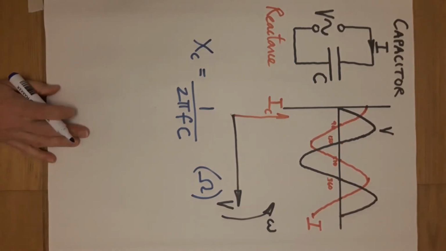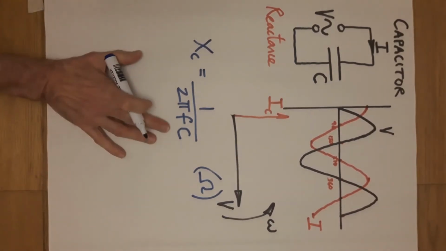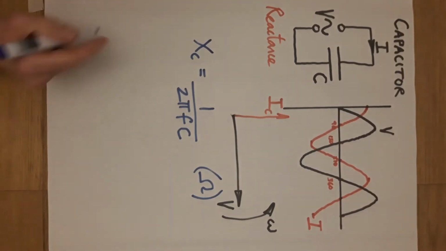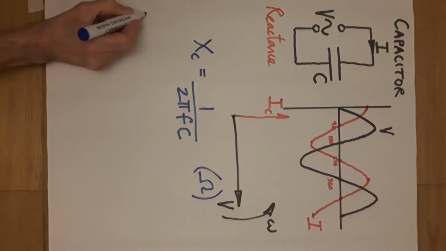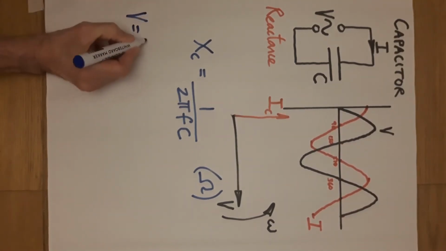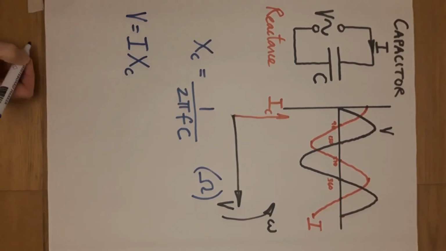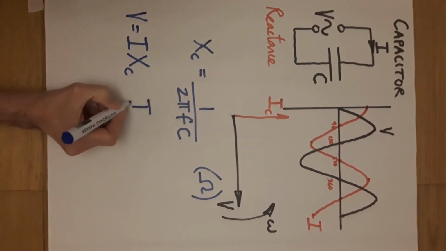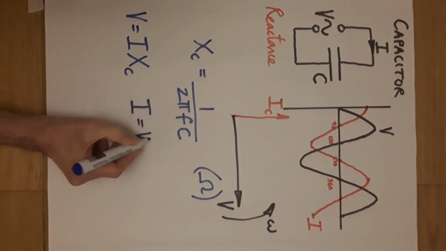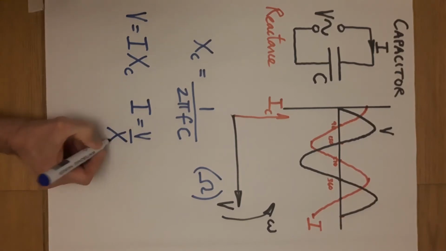Okay, so once again, Ohm's law will work for us. So V equals I times R. No, V equals I XC. And I equals V over R. No, I equals V over XC.